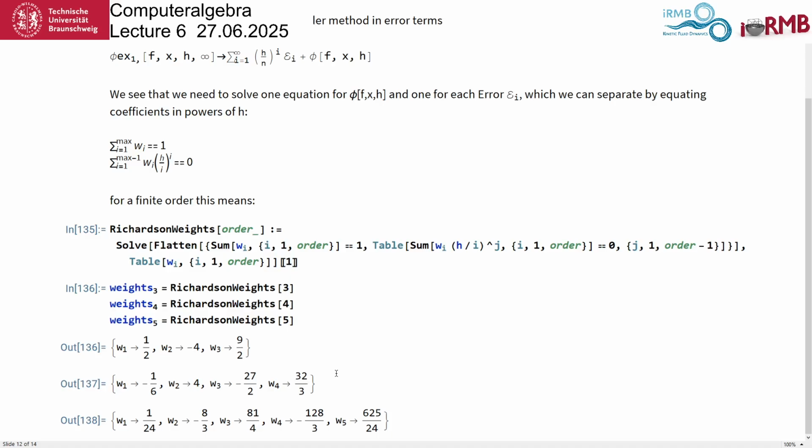So to get the same accuracy, or if you get higher order. And similar things apply to the Runge-Kutta time integrator.